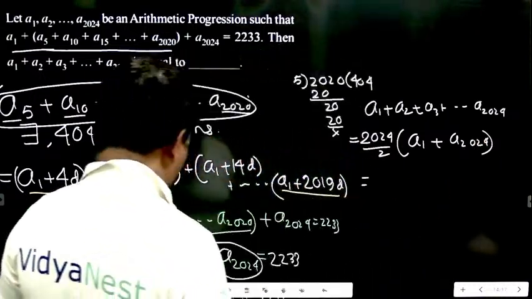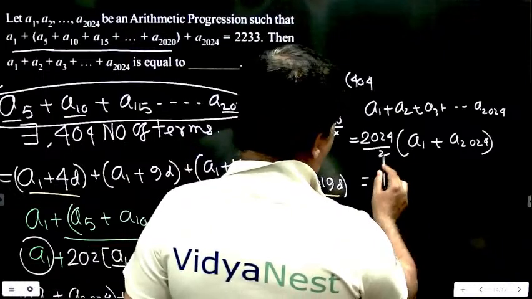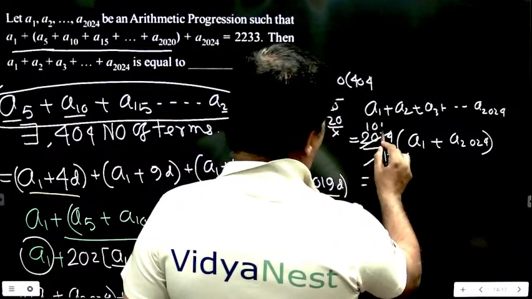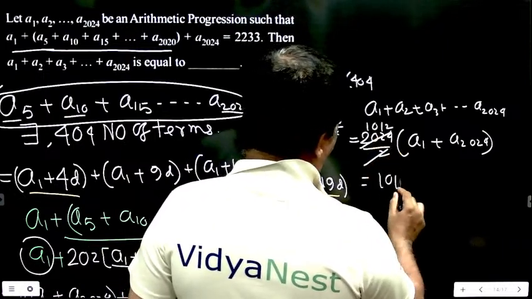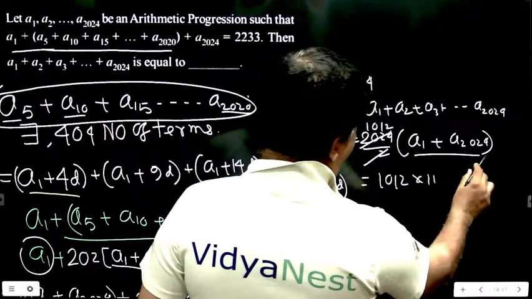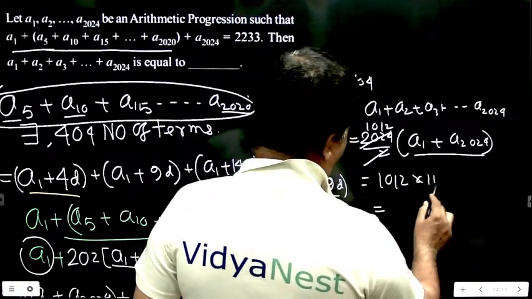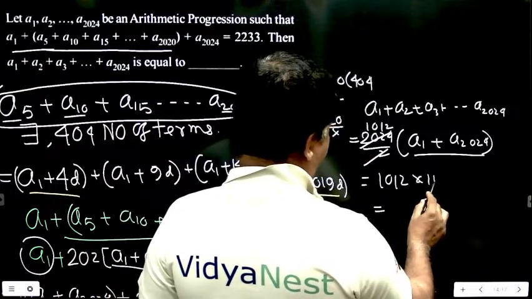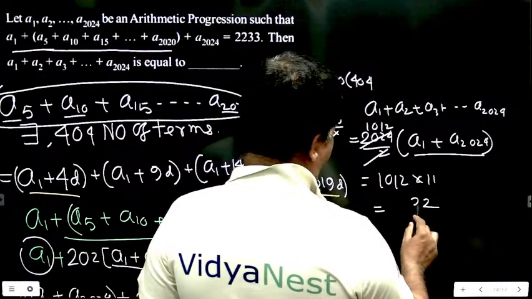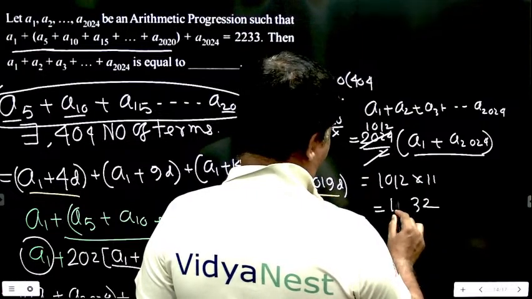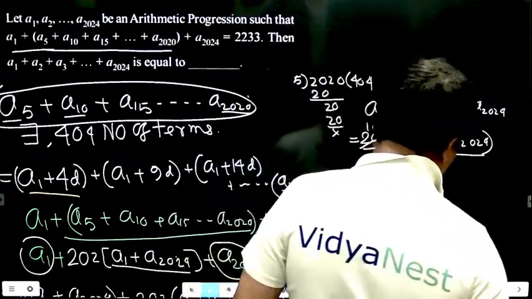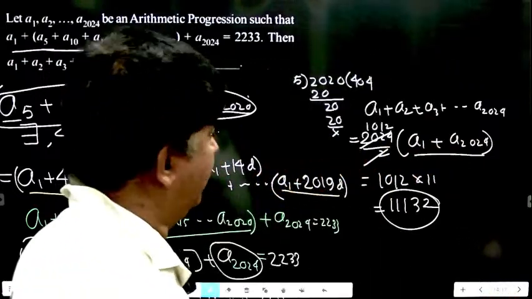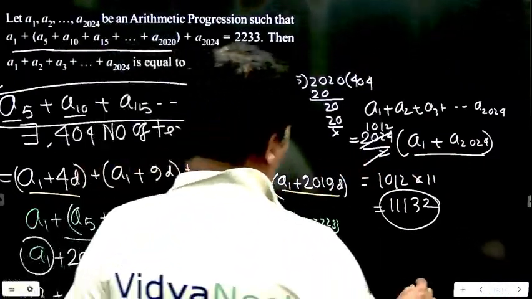Now first term plus last term, this cancels. 1012 into this part just derived, 11. Now multiply. Okay, your answer is right. Okay, wonderful sum this is. Hope you understood.